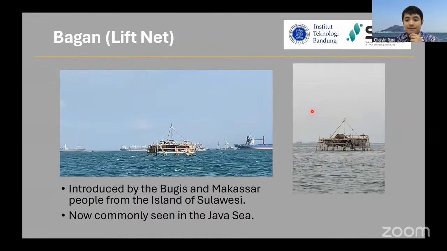So this is another fishing practice. I'm not sure whether or not it's also in Thailand coastal waters, but here in Indonesia it's called bagan, or lift net. So let me see if I can play the video.